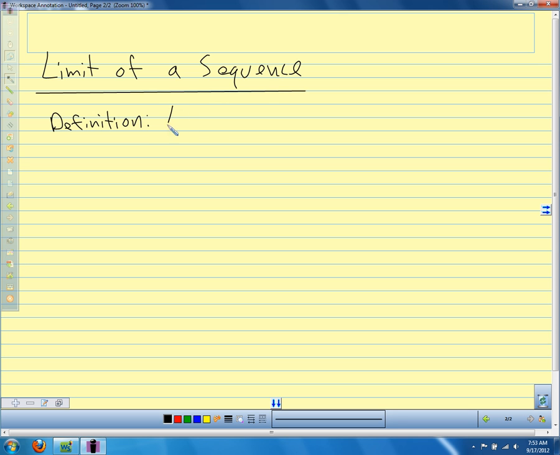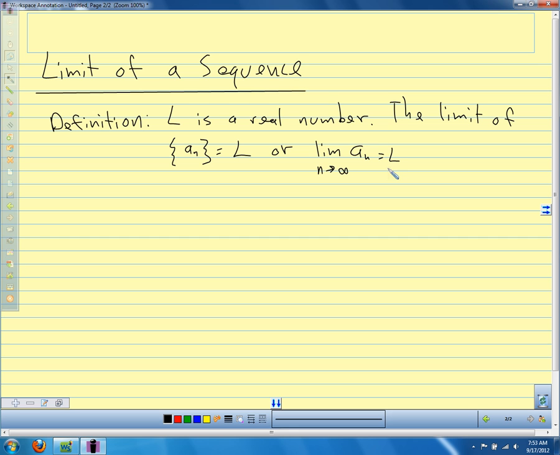So we're going to say that L is a real number. The limit of our sequence a sub n equals L, or the other way that we write it, the limit as n approaches infinity of a sub n equals L, if, are you ready?